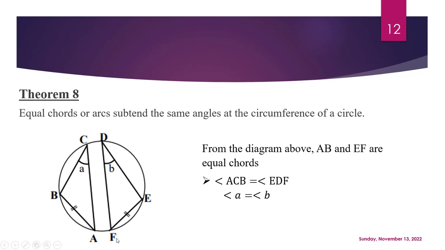These chords are equal, and so the angles subtended by these two chords at the circumference of the circle are equal. So the chord AB subtends an angle A at the circumference of the circle at the point C, and the chord FE subtends an angle at the circumference of the circle at point D, which is angle B. Since the two chords are equal, it implies that the angles subtended by these two chords at the circumference are also equal, and that is what we have explained here.